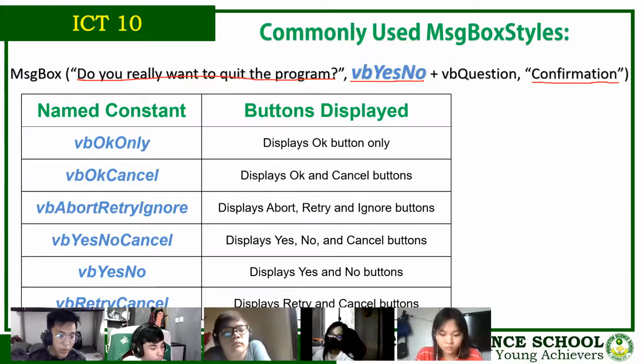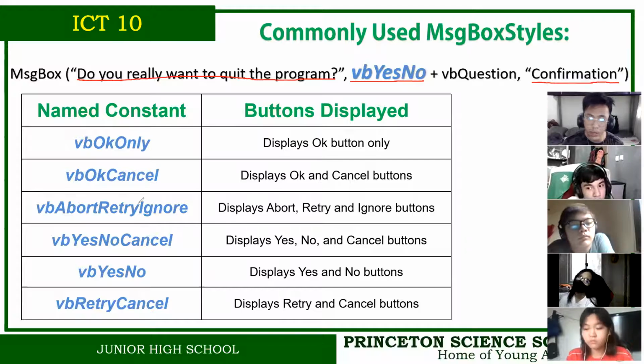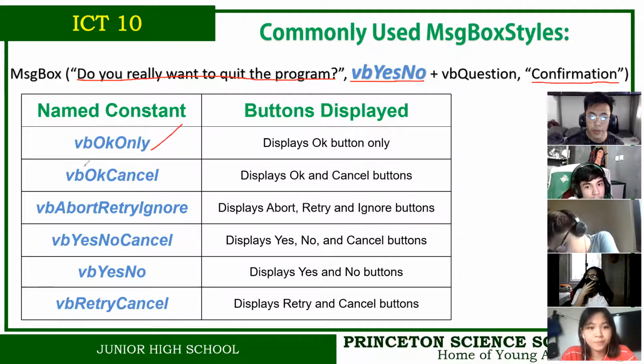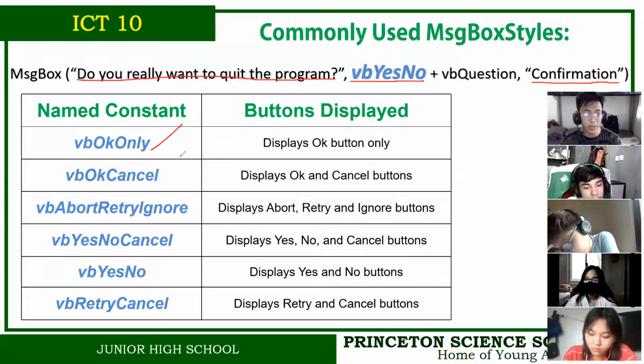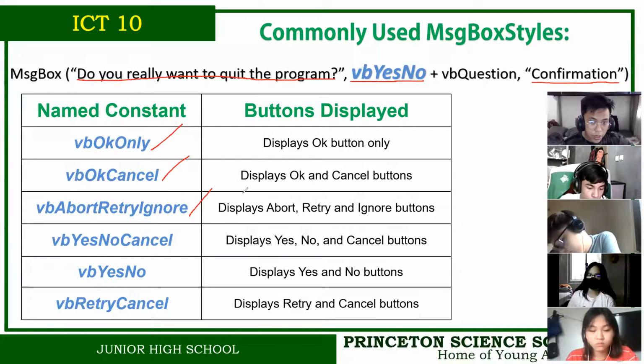And then we actually have multiple types of message boxes here. The other example is the VB okay only. So it's going to display okay only. Then the VB okay cancel, so it's either the okay or cancel. Abort, retry, and ignore, those are the 3 different buttons.